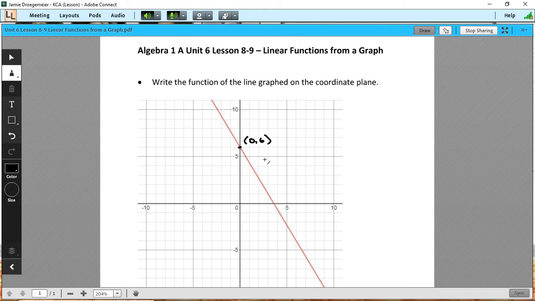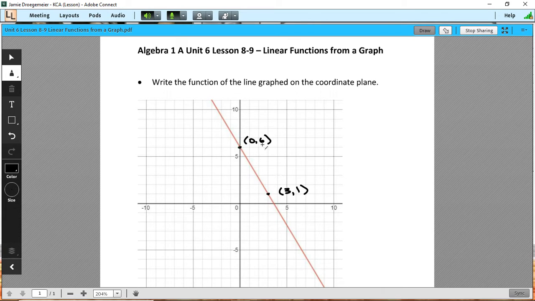What I'm going to do is look to see where the next point is that is easily identifiable. If I look here, when x is 3, it looks like y is 1. And so once I've identified 2 points on that line, I can find the slope.